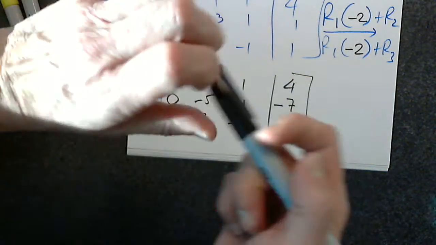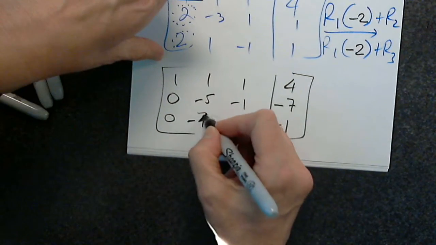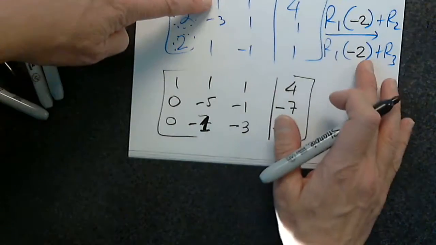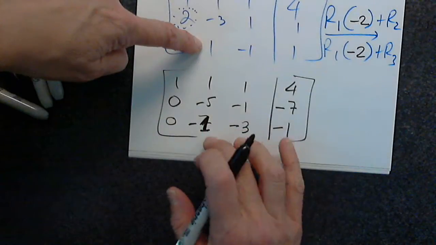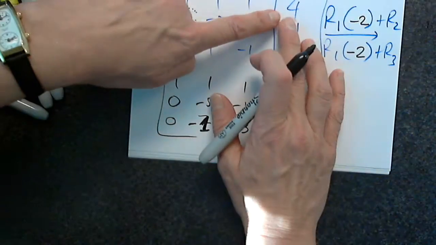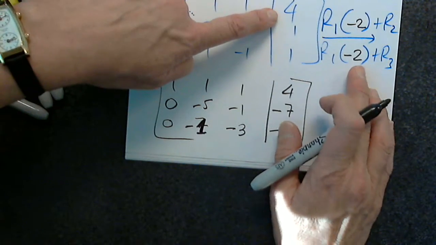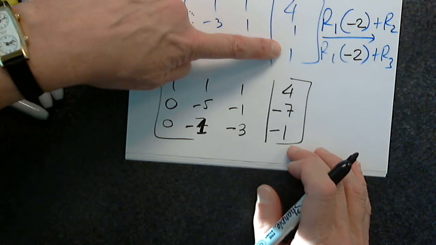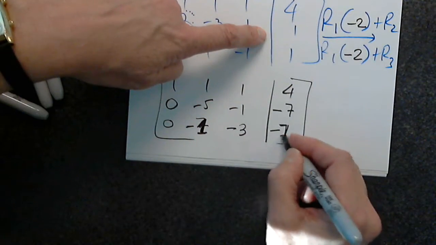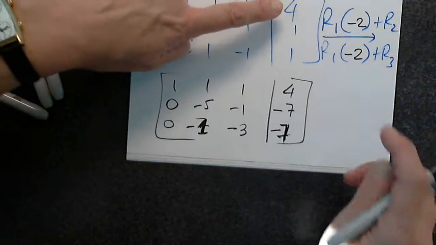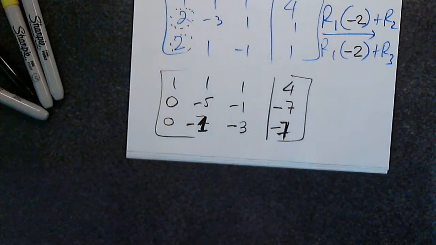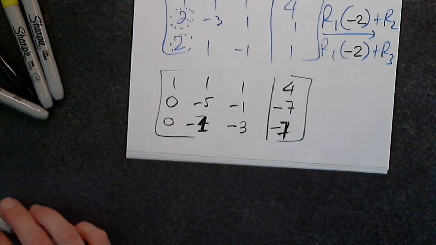Thank you. 1 times negative 2 plus 1, negative 1. 1 times negative 2 minus 1, negative 3. 4 times negative 2, negative 8, plus 1, negative 7. Okay, not as ugly as I thought.